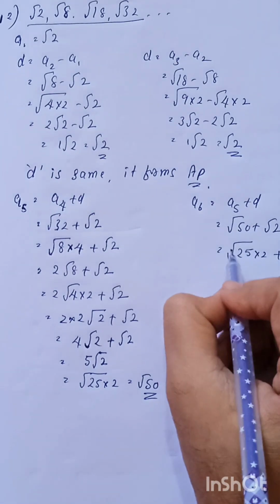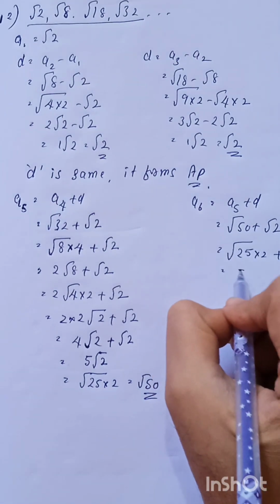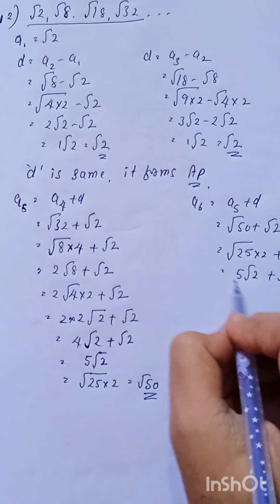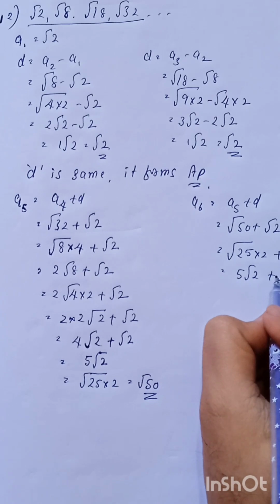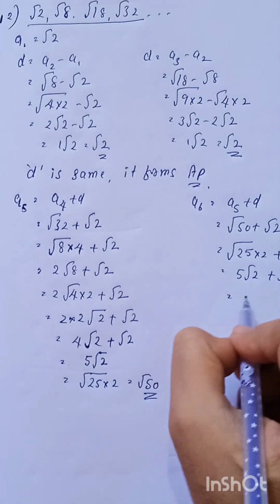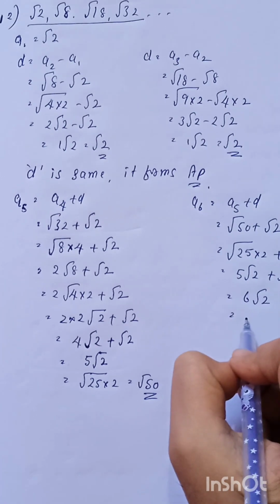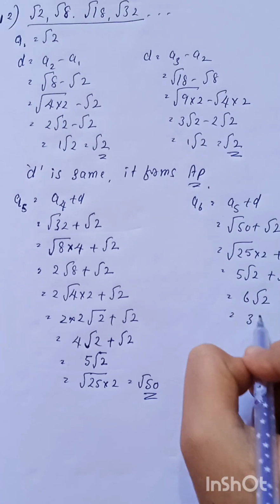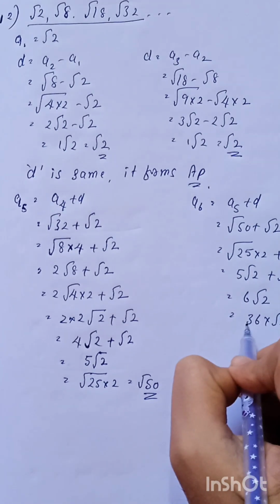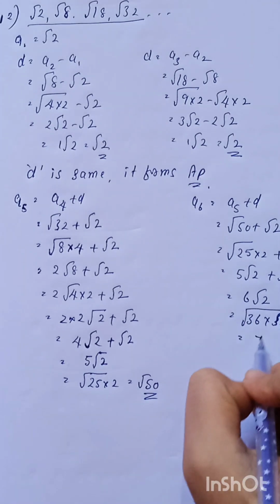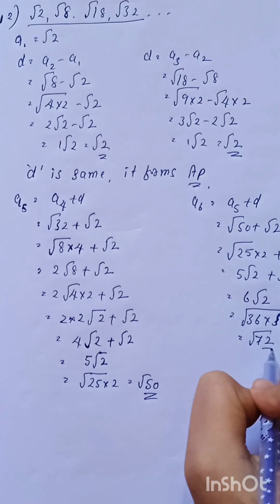If I take 25 out, it becomes 5 root 2 plus root 2. 5 plus 1, that is 6. So I will write 6 root 2. Now I will take 6 into the square root. It becomes 36 into root 2. So 36 into 2, it becomes root 72.